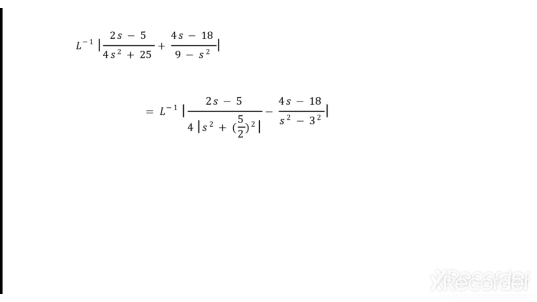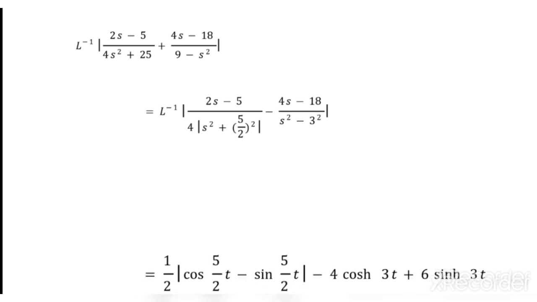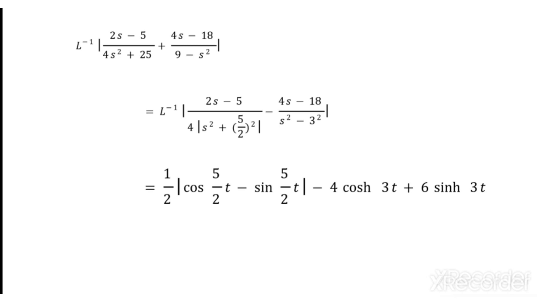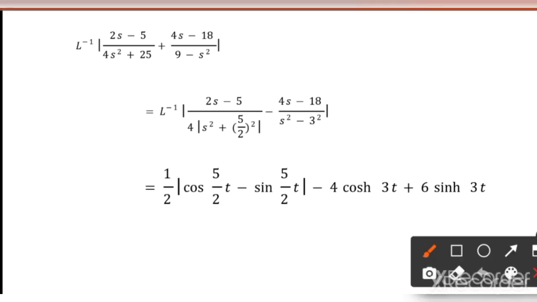So we can write s square minus 3 square, directly we can write. So in the first thing, it is half is common, because we have taken, just observe, from this I can take 2 out. So that 2 by 4 is 1 by 2. So what remained is s by s square plus 5 by 2 the whole square.